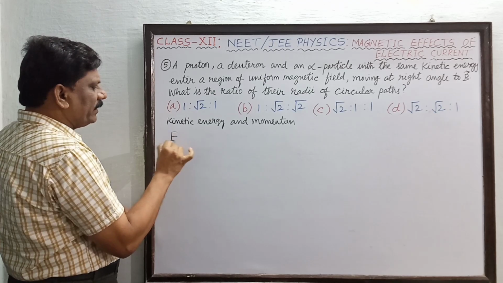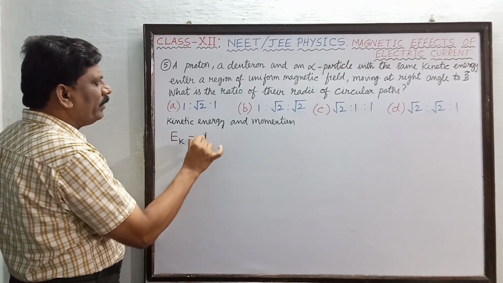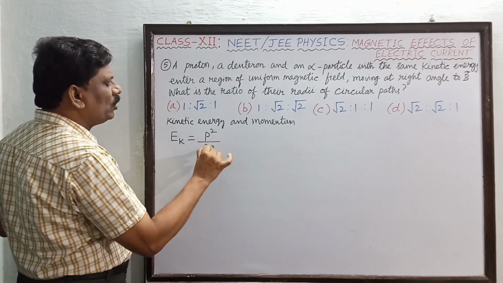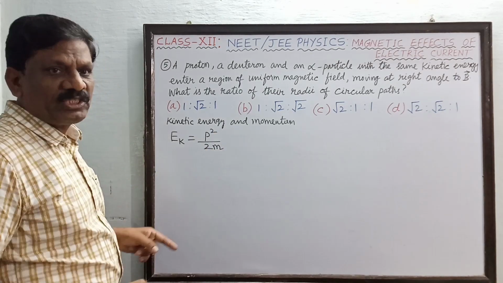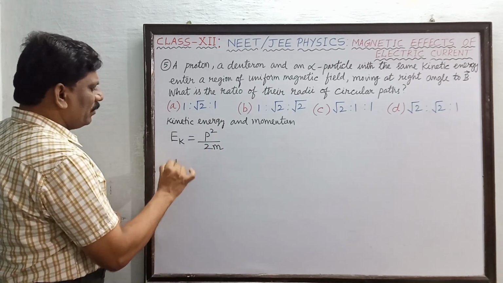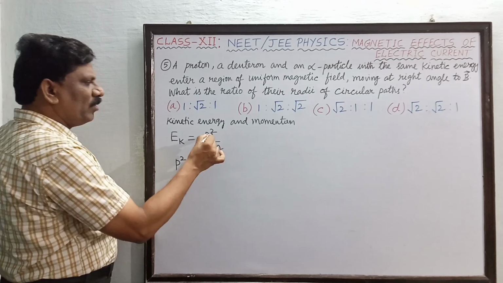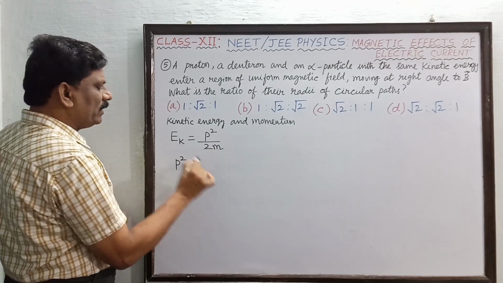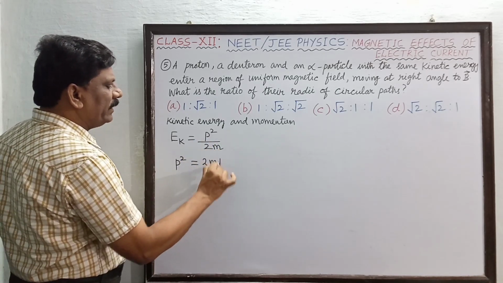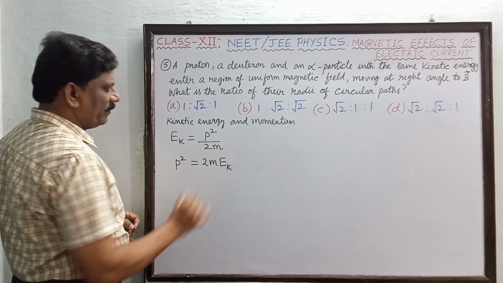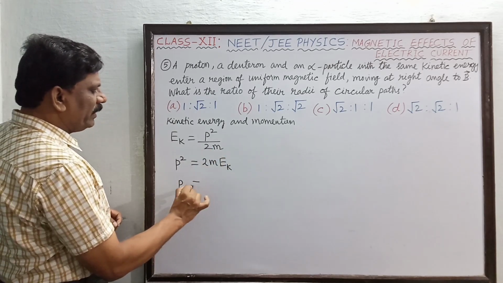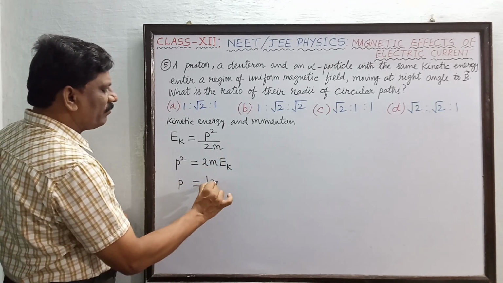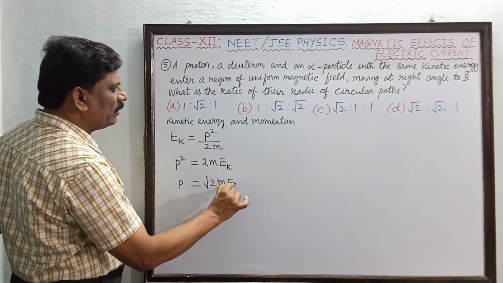E kinetic is equal to P square divided by 2m. Or P square is equal to 2m into E kinetic, or momentum P is equal to square root of 2 into m into E kinetic.